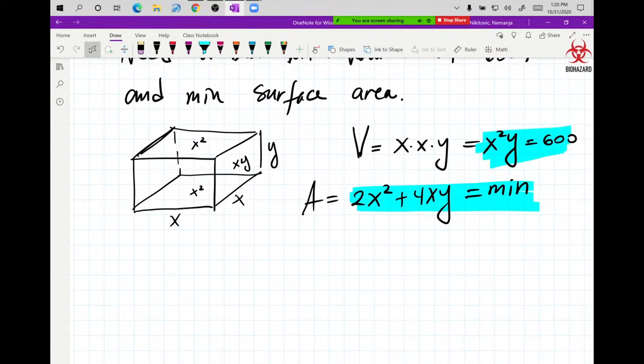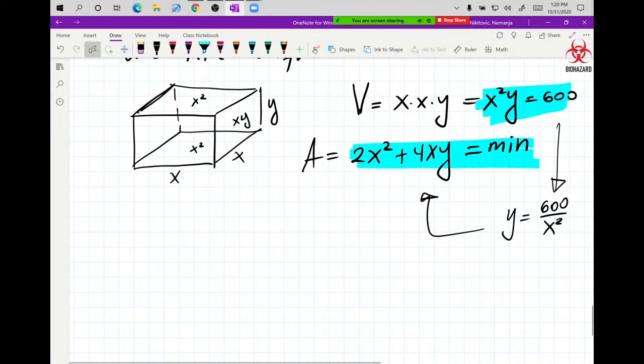So we want to create a box, and I have the volume as a constraint, and I have this one as the objective with the minimum, because my objective is to minimize the surface area so I can save money on designing the box, right? And the goal is to save 5 cents. That's perfect. On 100,000 boxes, we're happy. So what do I have? From the top equation, y is equal to 600 over x squared, and that gets stuffed into this equation.